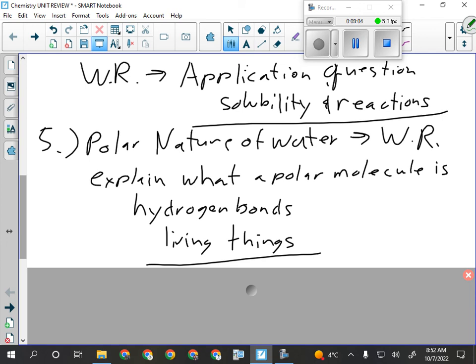Be able to explain what a polar molecule is. Talk about hydrogen bonds. Hydrogen bonds cause two behaviors, and how that might be used by living things.